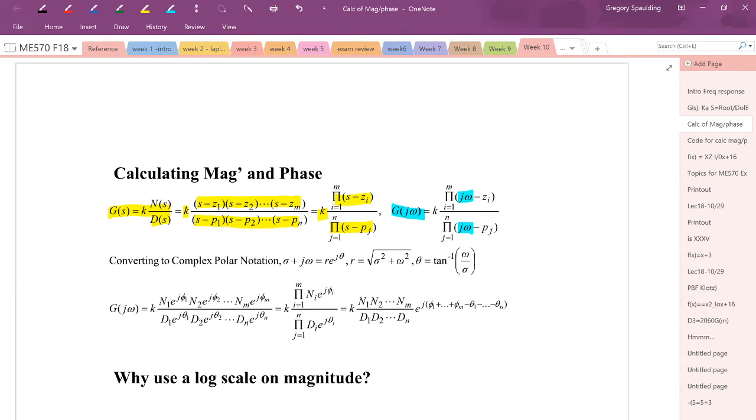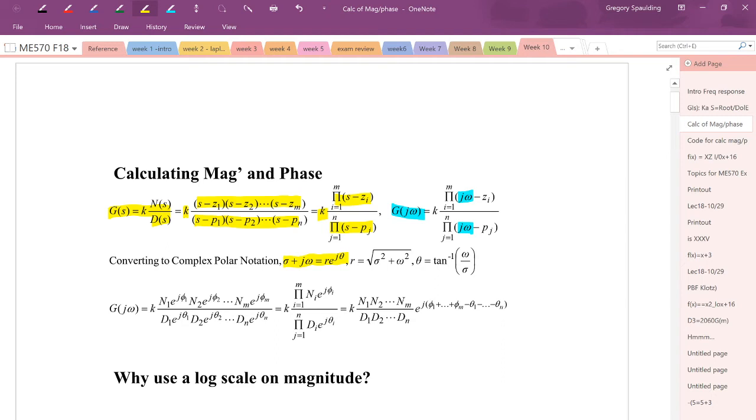Now, the problem with this is that we've got complex numbers that we're taking the product of, and then dividing. And complex numbers we typically deal with in addition and subtraction. We can do those operations pretty easily, but the product and the divisor gets a little bit more interesting. And so what we're going to do to accomplish this is we're going to move our complex number into a polar notation, okay?